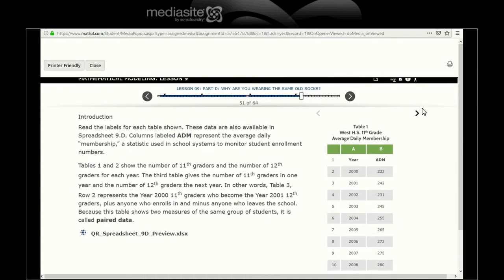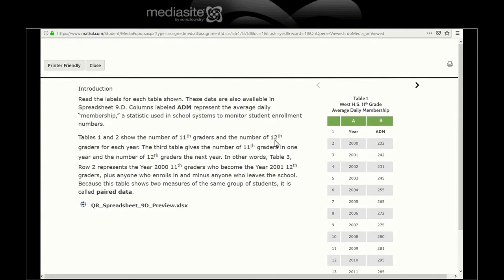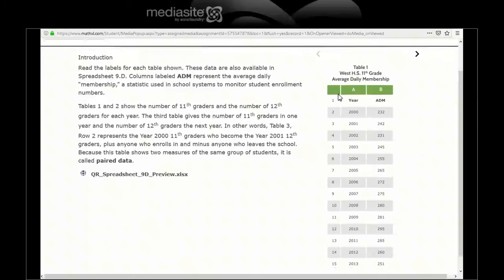All right, what do we got here? We have the spreadsheet looking at the average daily membership of a high school. For 11th grade, in the year 2000, the average daily membership was 232.